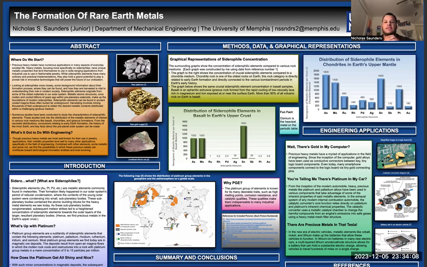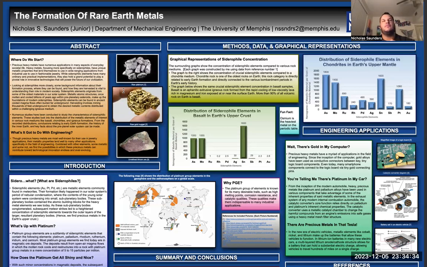These elements possess many building blocks that come from pre-planetary objects in our solar system, and the subsequent conglomeration of these pre-planetary objects into planets leads to what we know today as the distribution of siderophilic elements in Earth's upper crust and upper mantle. And that's where my focus is today.